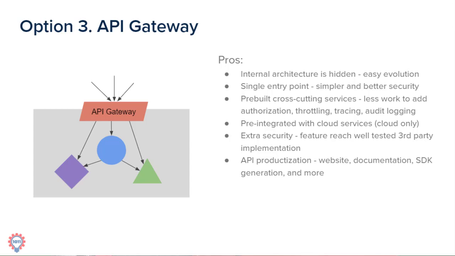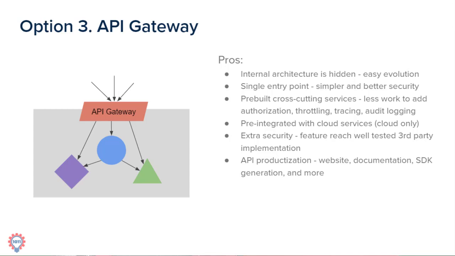Cloud-native solutions are already pre-integrated with other cloud-native services like identity management and logging. So you don't need to worry about that. You will get this out of the box.